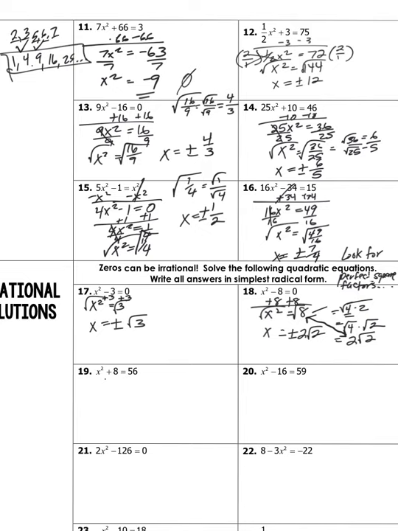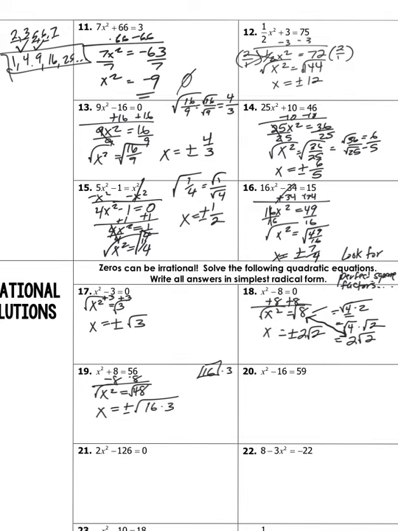Number 19, subtract 8. X squared equals 48. And let's think, are there any perfect square factors of 48? Well, we want to try to get the biggest one, and the biggest one is 16, because 16 times 3 equals 48. So I'm going to rewrite this when I take the square root as x equals plus or minus the square root of 16 times 3.